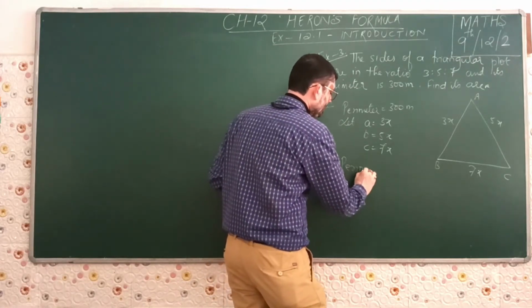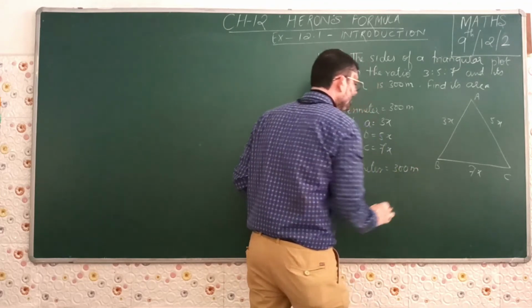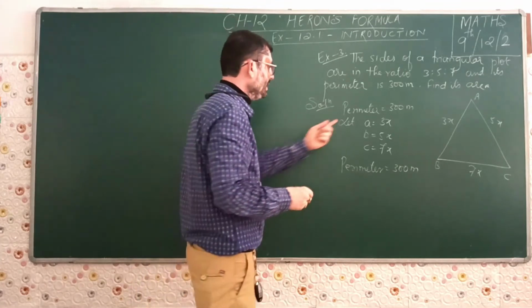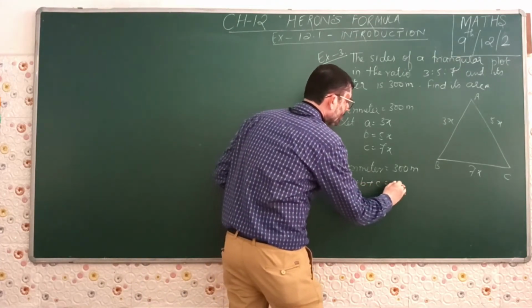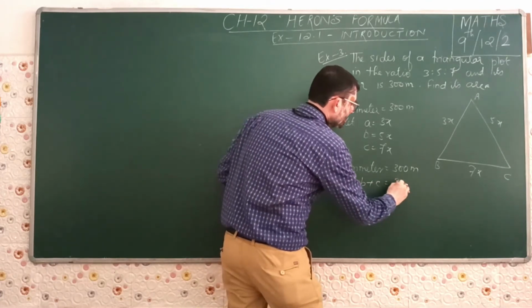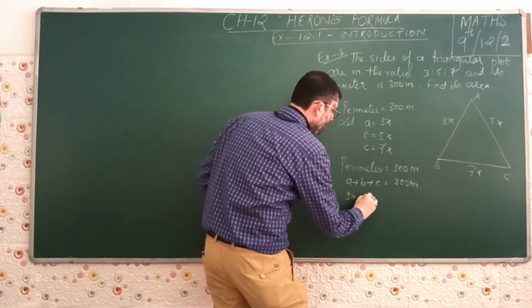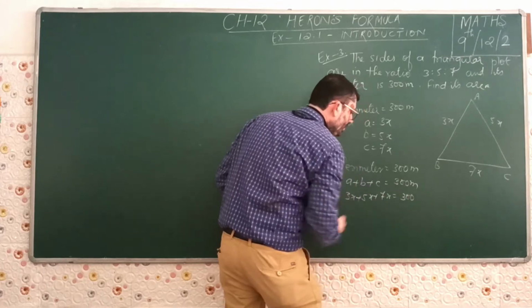We are given with perimeter is equal to 300 meters and we know the perimeter of a triangle is the sum of all the three sides of a triangle and the three sides are A, B and C. So sum of A plus B plus C is 300 meters and this will be 3x plus 5x plus 7x is equal to 300.